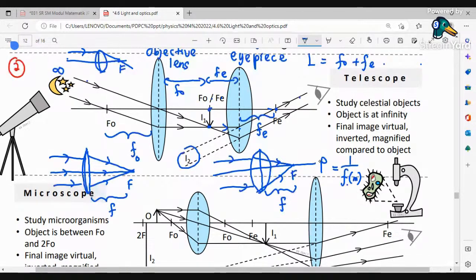So the image forms on the same side of the object, meaning it is virtual. Okay, as compared to the object, I2, not compared to I1. Compared to the object, I2 is virtual, inverted, because the object is here like this, so the image is here. So it's magnified, compared to the object.